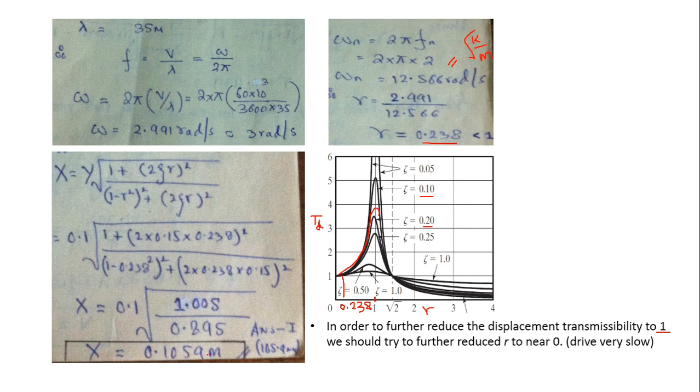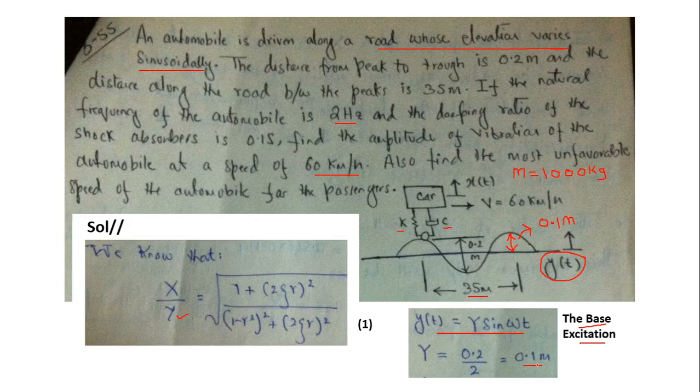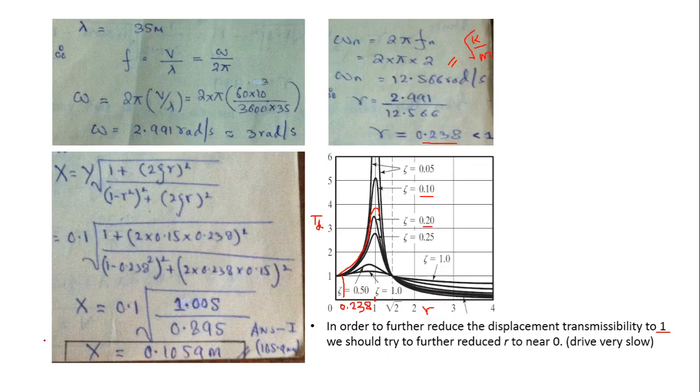So it is slightly larger than the value that was used as an input, 0.1 meters. Okay, so the amplitude of base excitation was 0.1 meter, but what we are getting here is that the amplitude of the vibration of the car is greater than 0.1 meters.